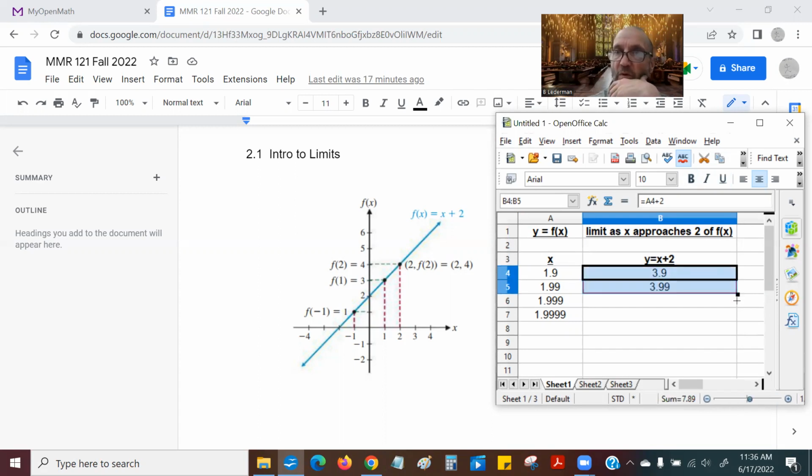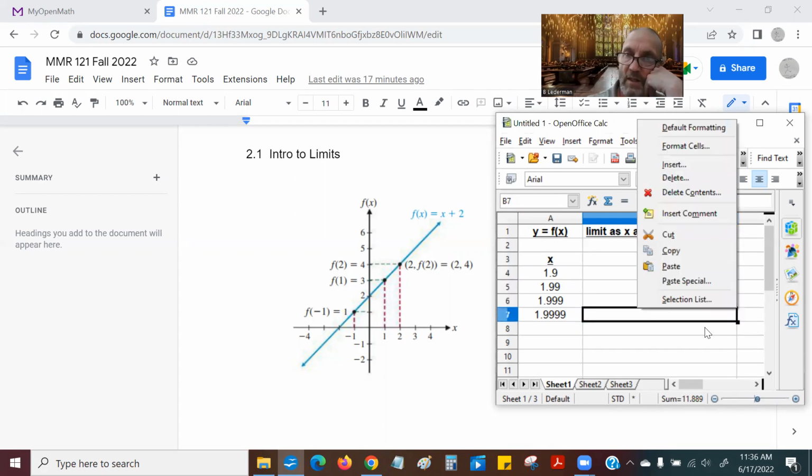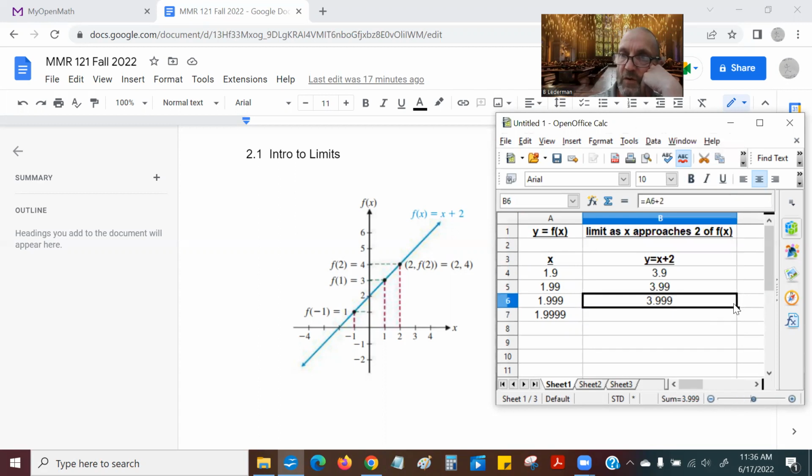If x is 1.999, y is 3.999, and so on and so forth. If x is 1.99999, then y is 3.99999.